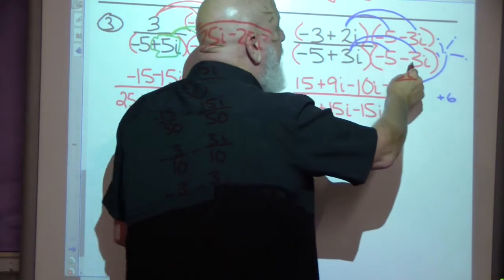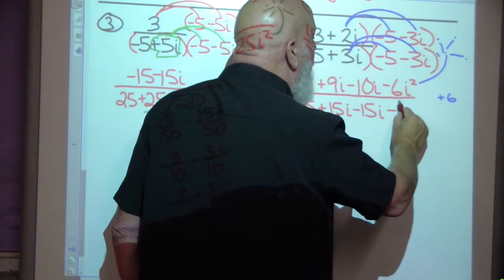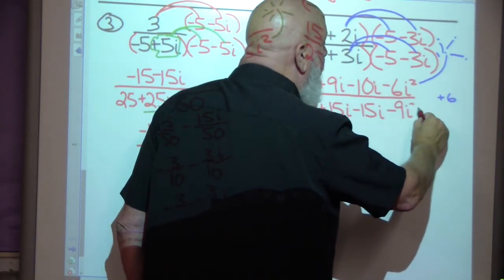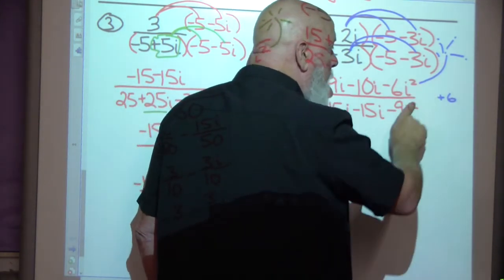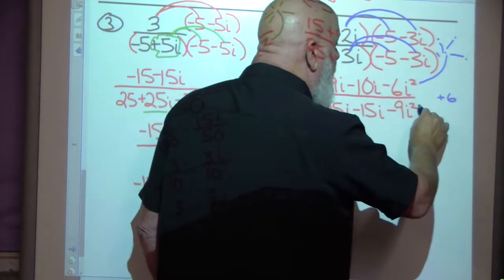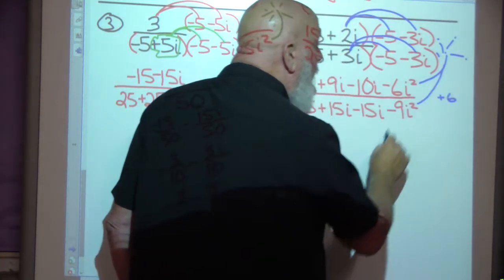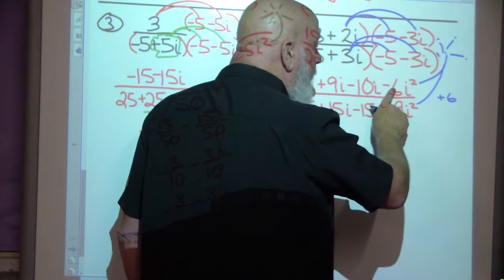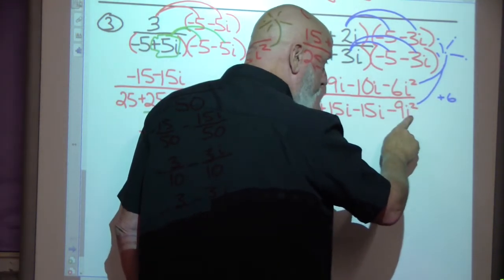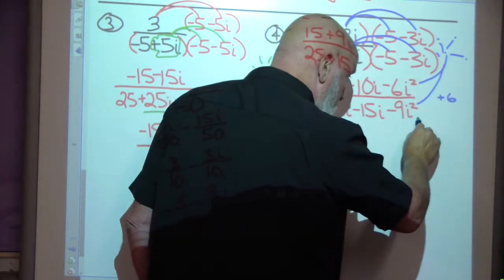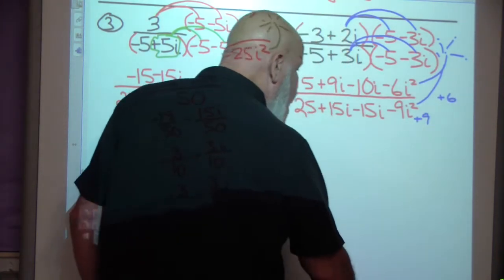And 3i times negative 3i is negative 9i squared. And again, we have the flare going off, the same flare that went off here, goes off right here. i squared is negative 1. So I'm going to have negative 6 times negative 1, which is positive 6. Negative 9 times negative 1, that's positive 9 when I go to simplify.